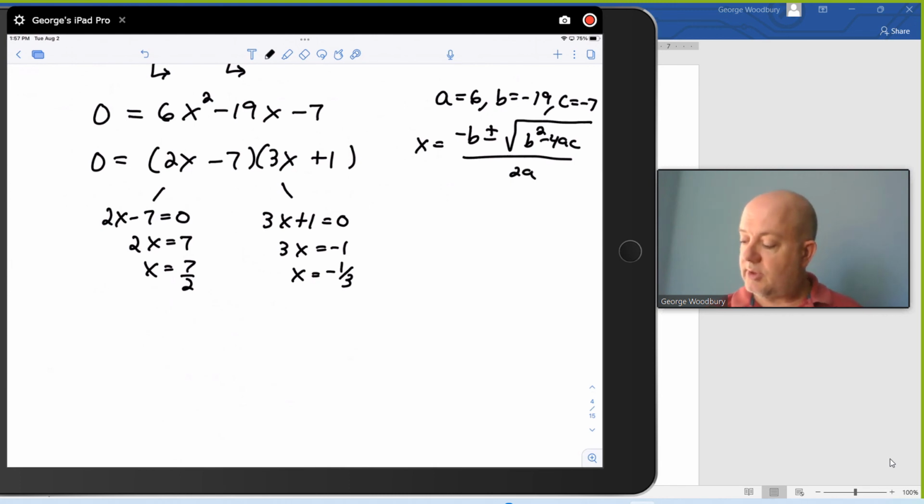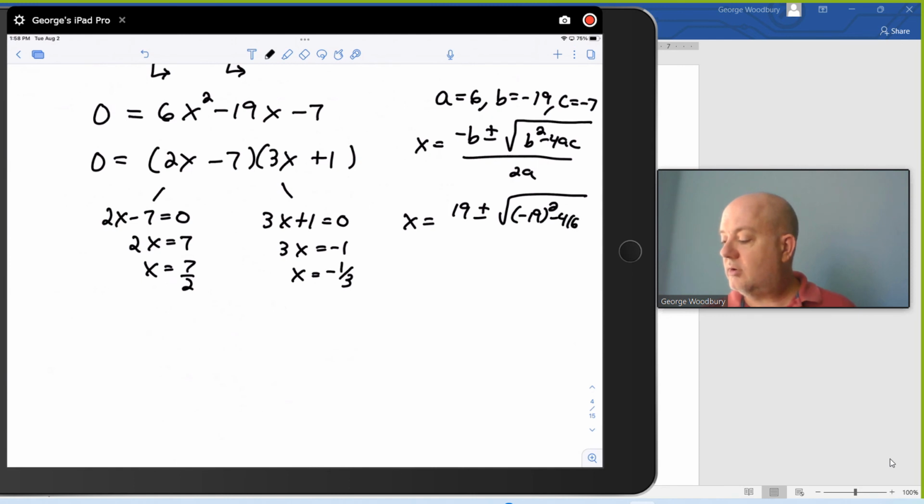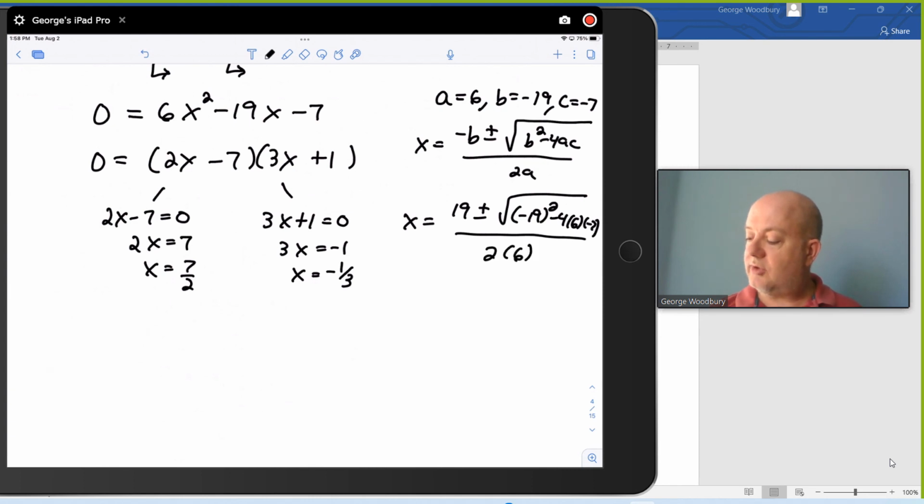In this problem, that's going to be x equals the opposite of negative 19, which is 19, plus or minus the square root of negative 19 to the second power, minus 4 times 6 times negative 7. And that's all going to be over 2a, which is 2 times 6.